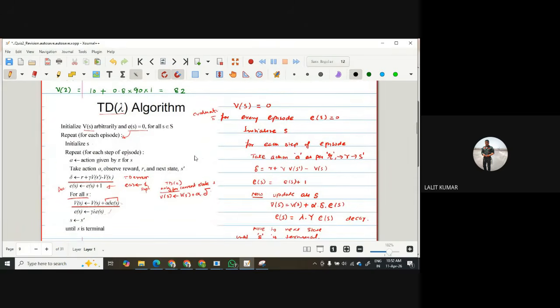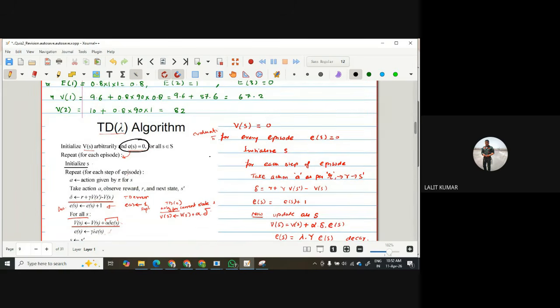So see, Ravina, just pay attention. Same it is here. Initialize S. Here it is a misprinting, that's why the professor had written that this ES will come here for every episode. ES = 0 is not here.